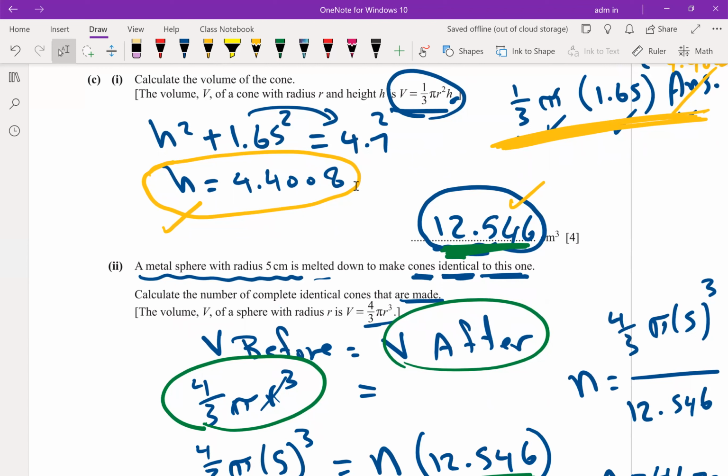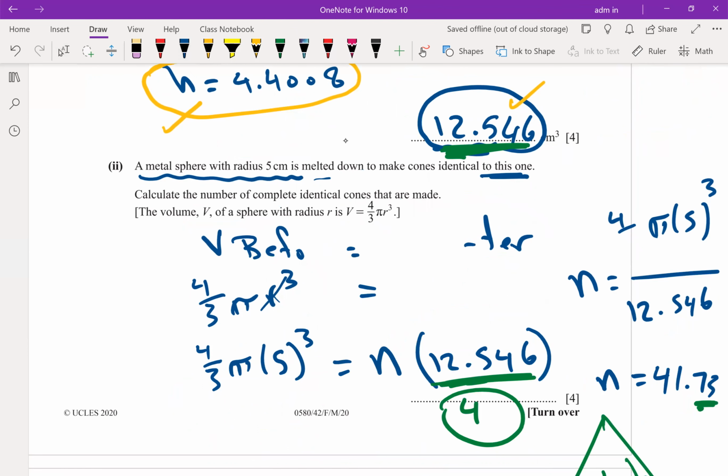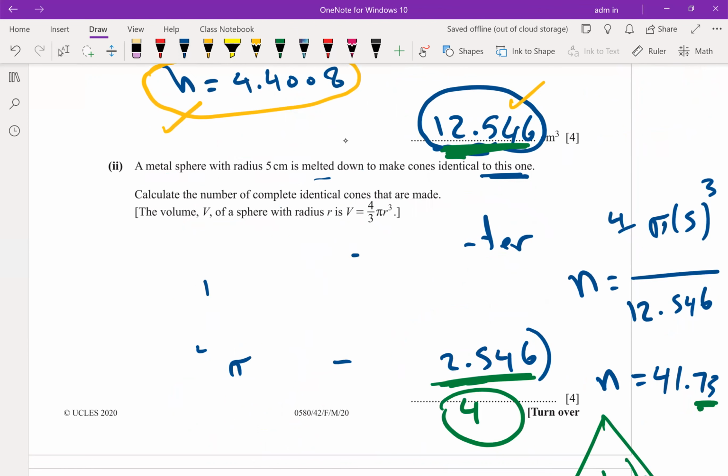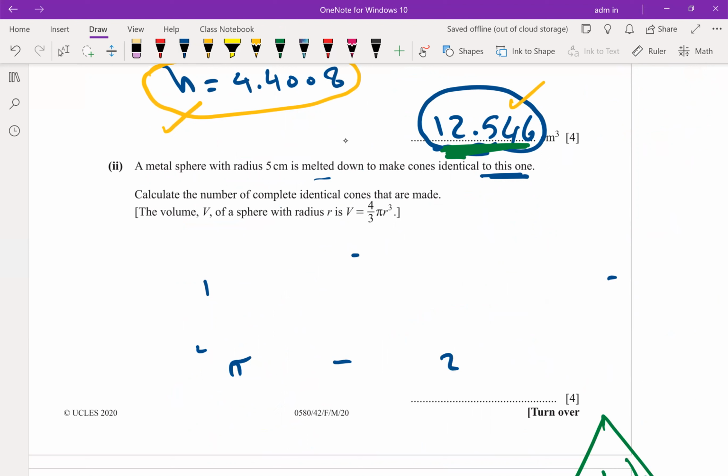Mr., I don't get how we divide by 12.54 in the question. Okay, I will explain this part again. You have a big sphere, like this.